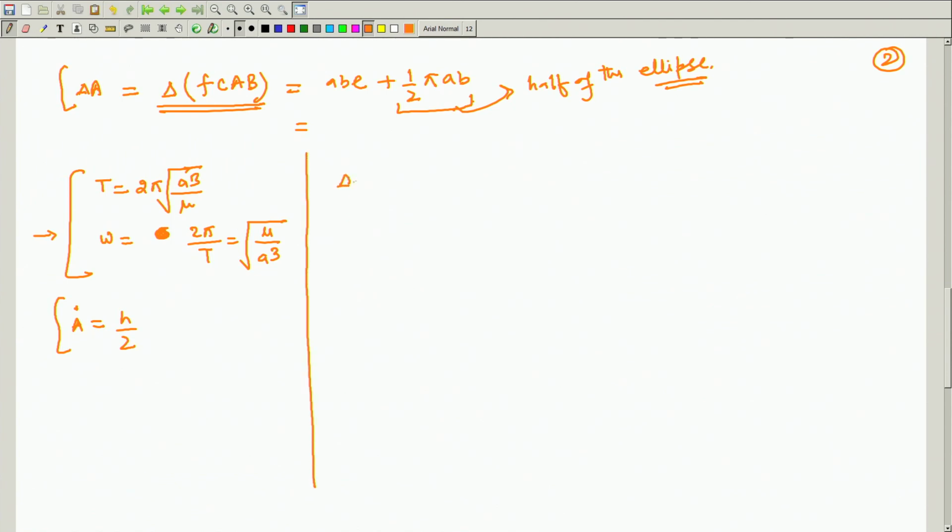So, we have delta A equal to pi A B divided by 2 plus A B e, this is the quantity, divided by, now this omega is the mean angular rate.